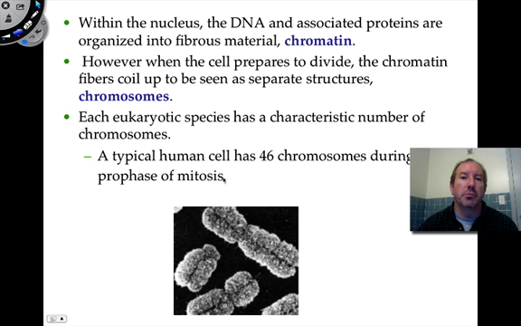And what's interesting is that different organisms have different amounts of DNA. And so these fibers can condense into what would be 11 chromosomes, 76 chromosomes. Our number happens to be 46 chromosomes. You might recall that somewhere in the past. 46 chromosomes contain all of our DNA, and then we move them in a process called mitosis before the cell divides.